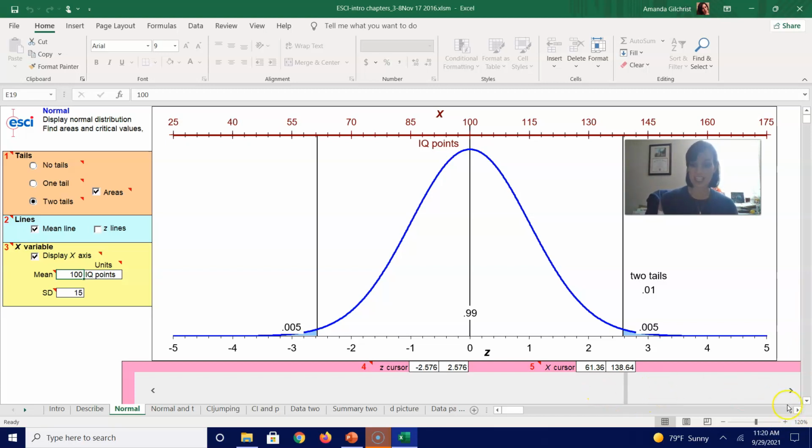What would our Z-score be in this case? I'm going to focus on this percentage right here where most of the data is. Once I know that we're at 94% for this data, I can look at the Z-scores reported here for each of the tails to figure out that critical level of confidence Z-score.